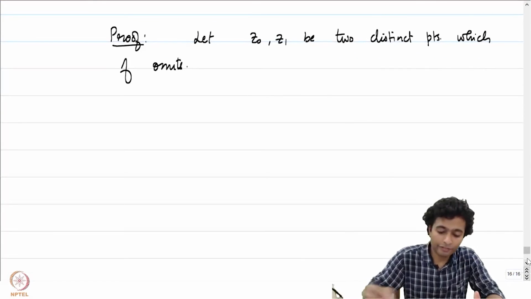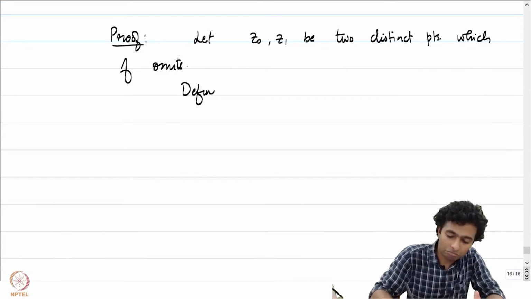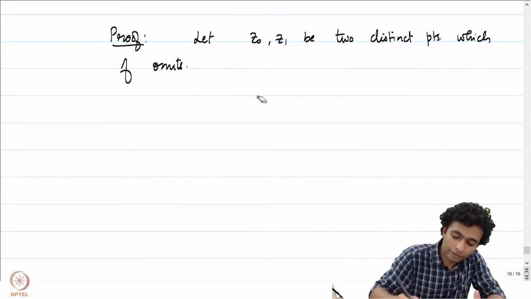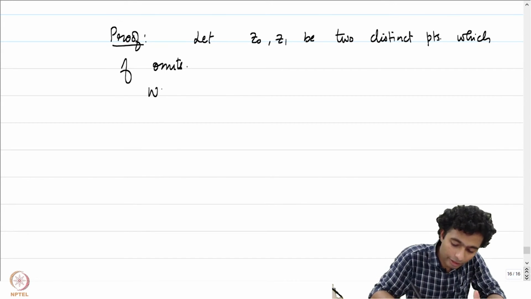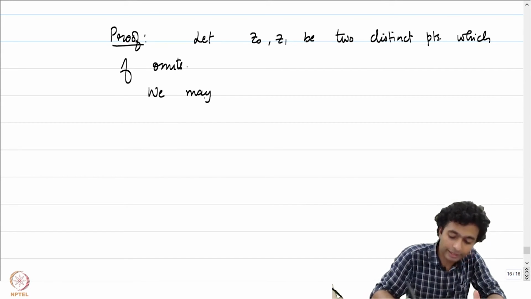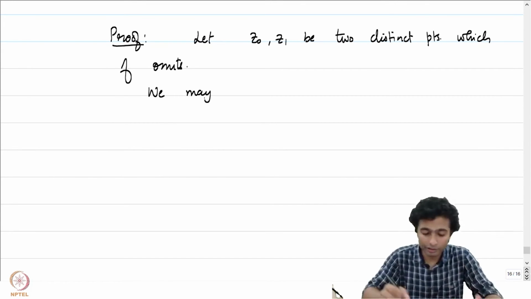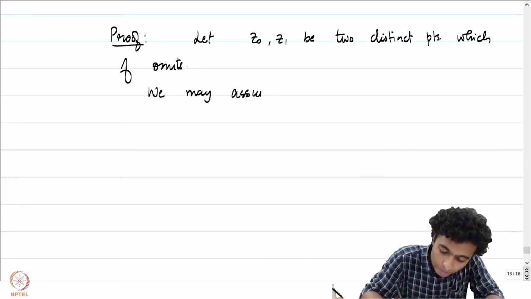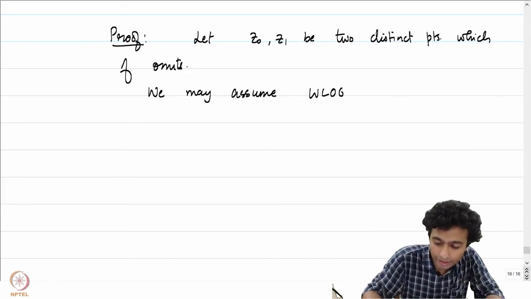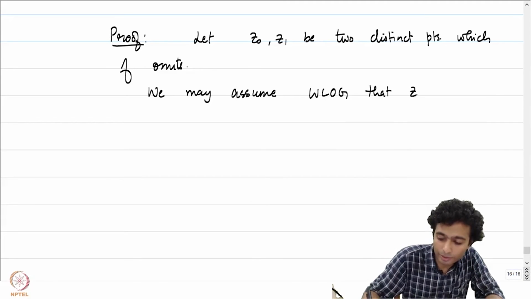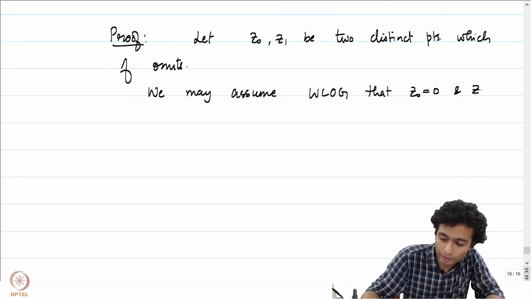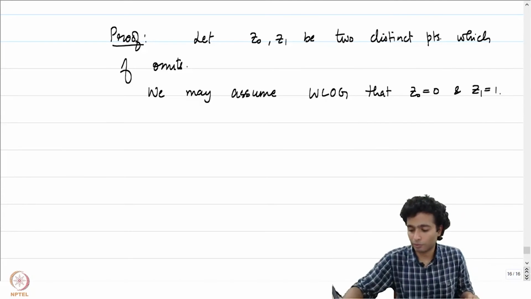The first observation is that we may assume without loss of generality that z0 is 0 and z1 is 1. Why can we do this?